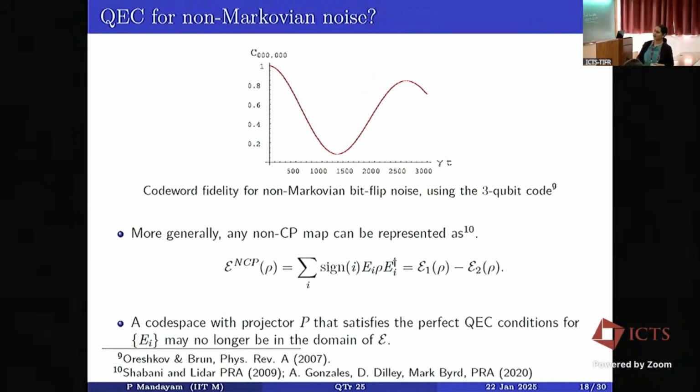So it turns out that this code space may actually no longer be in the domain of E. A simple way to see that is the following. If I've taken a code which works for Markovian E_i's, and I work out the quantum error correction conditions for this case, and then I have non-zero support in this part, which gives rise to some negativity out here, then if I do the syndrome extraction and all of that, I may actually end up with negative probabilities, right?